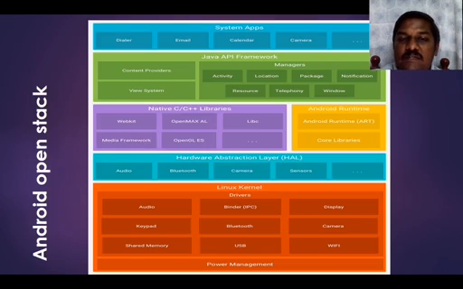The first one is called system apps. The system apps are nothing but the existing applications which are available in each and every Android device, irrespective of the versions they have installed.